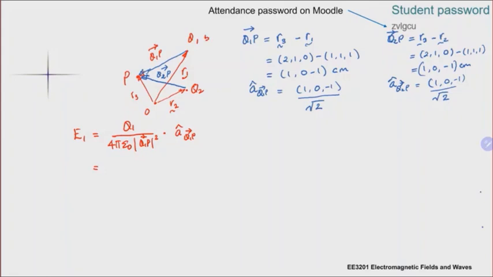Q1 is 5 nanocoulombs. It will be 10 to the minus 9 over 4 pi, epsilon is 8.854 times 10 to the minus 12.